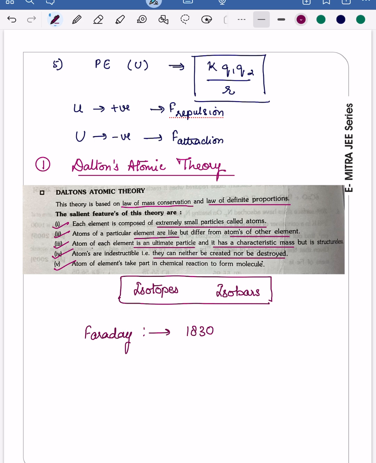Certain gases being liberated, or dissolution of substance taking place, or deposition of matter taking place on the anode or the cathode. तो इस तरीके के जो phenomena exist कर रहे हैं, there was no answer to these phenomena. Why are they happening? And this was a big question, that if only atom is the smallest particle, which is this particle which is being transferred from one material to the other?